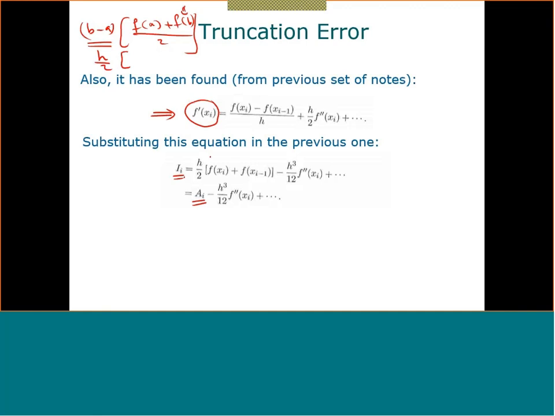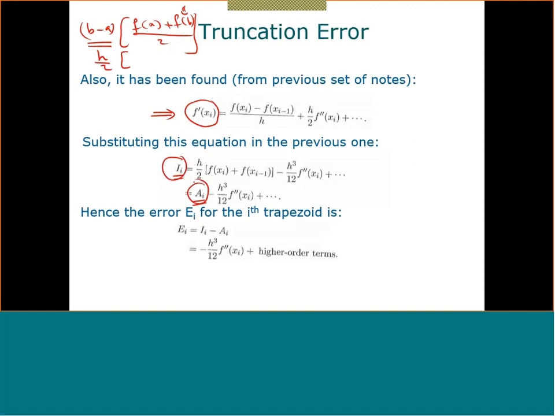So the difference between the two will be what? Will be the error. If you take the difference between this and this, we will get the rest of the terms, which are the error. Now, if we ignore the higher order terms, you can state that the error magnitude is equal to h cubed divided by 12 f double prime of x of i.